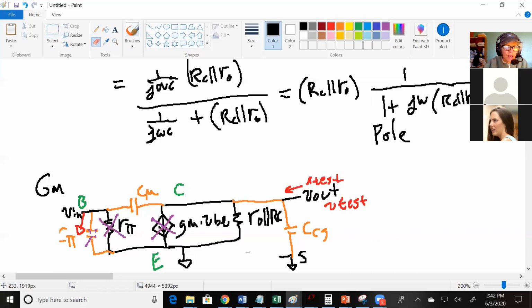Sorry, I gave the annotated one. Let me clean this up a little bit.